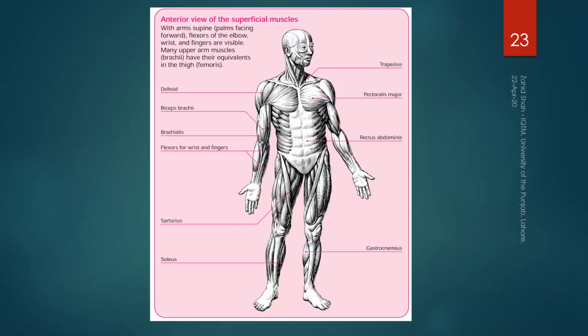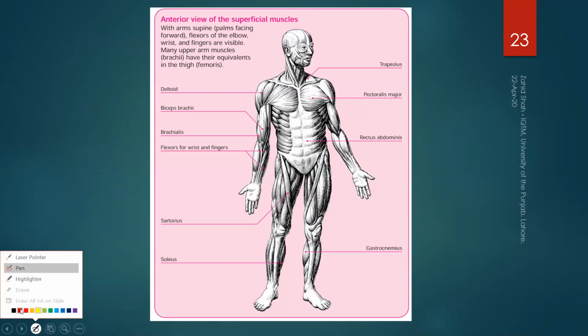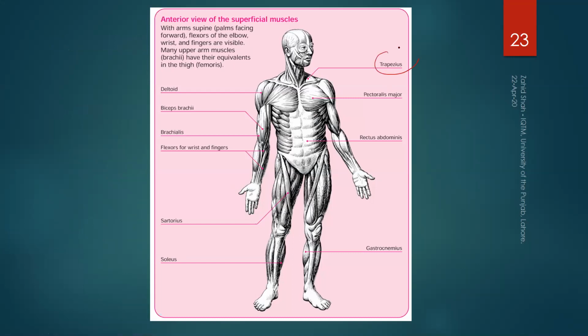So you can just see, we have discussed most of these muscles. Some tell us about the shape. Position, brachii means arm. Number of heads, biceps for example.